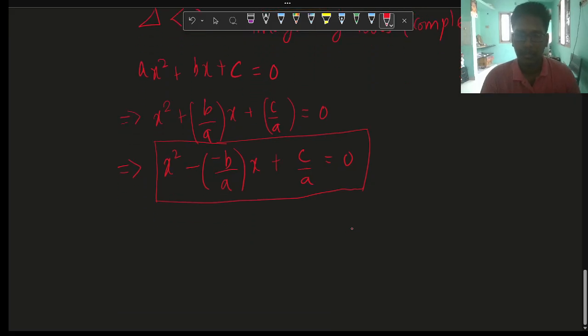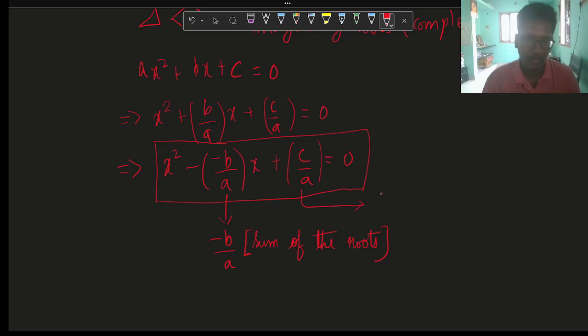Now this −b/a is called the sum of the roots, and this c/a is called the product of the roots, which is really important.